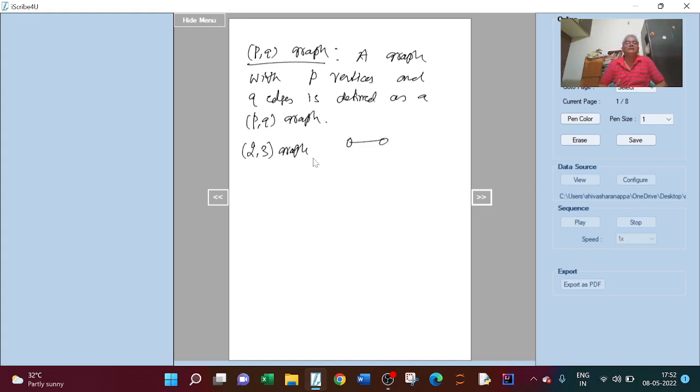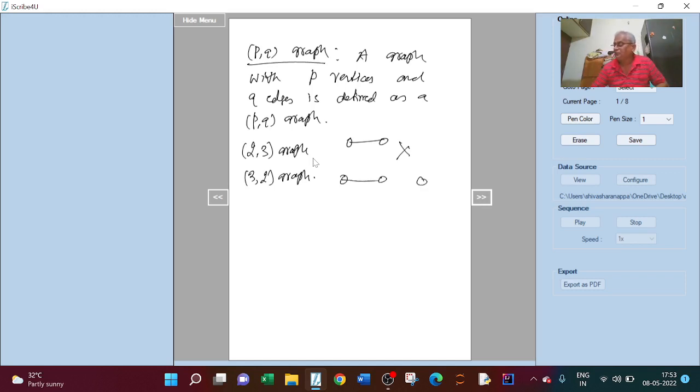Is that possible here? 2 vertices are there. In a simple graph, that is without multiple edges, with 2 vertices I have to write a graph with 3 edges. I think this is not possible. Suppose I write a 3 comma 2 graph, that is 3 vertices and 2 edges.